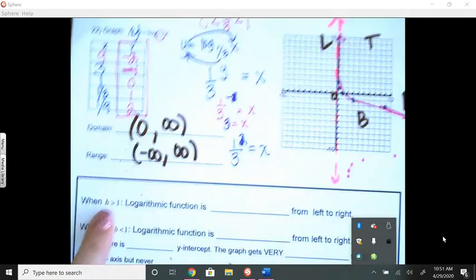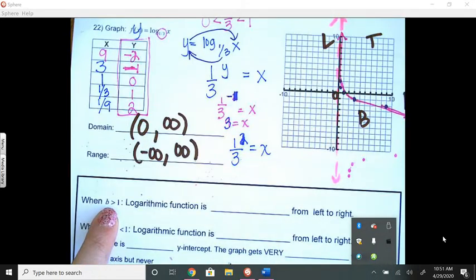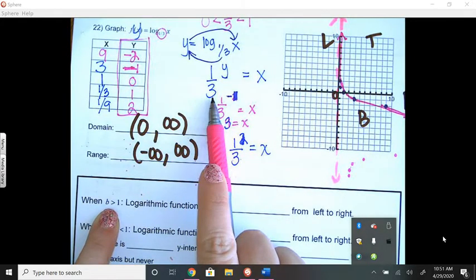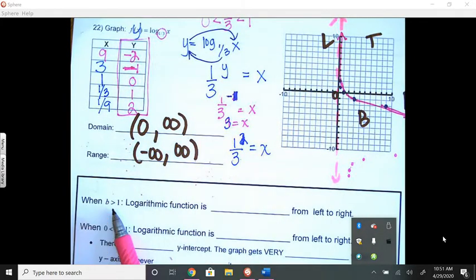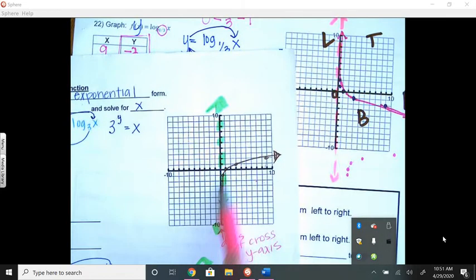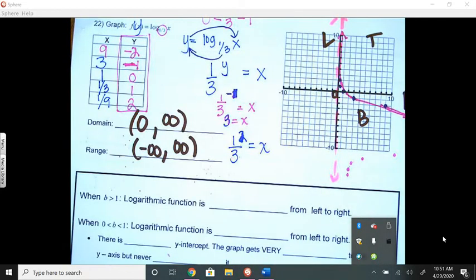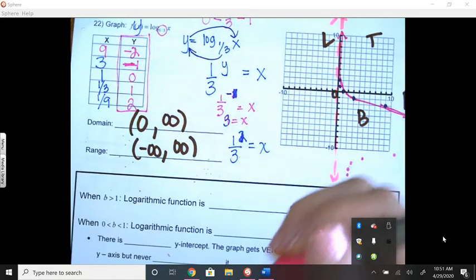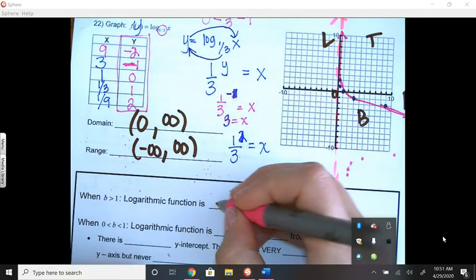So when the base is greater than 1, like it was here, it's going to grow. It's going to represent that the logarithmic function is increasing.